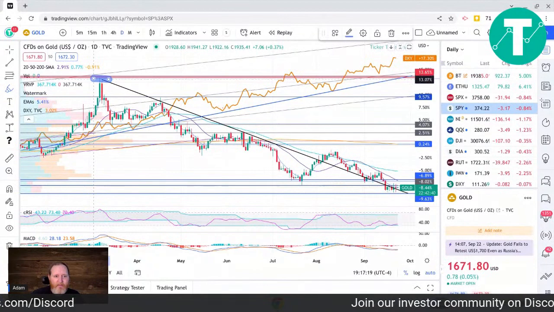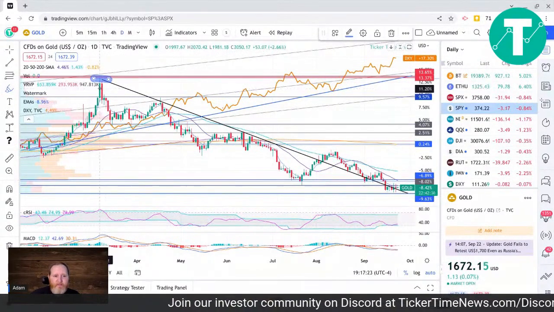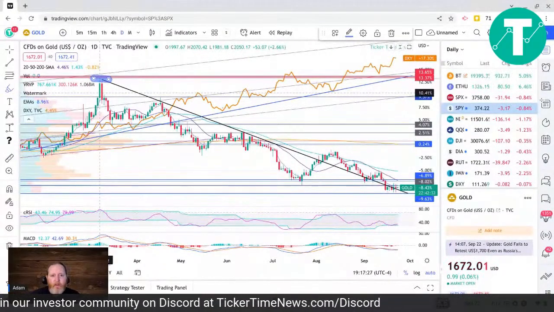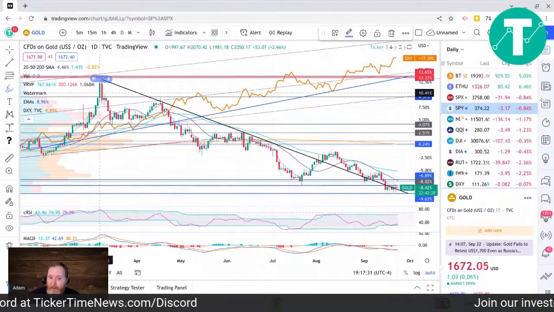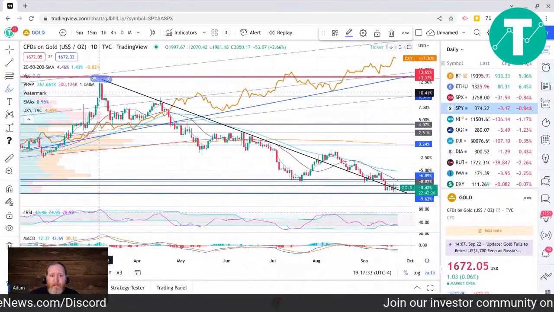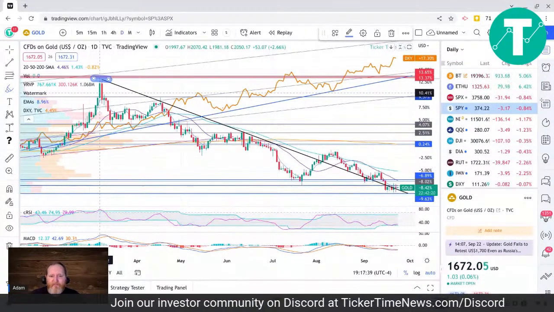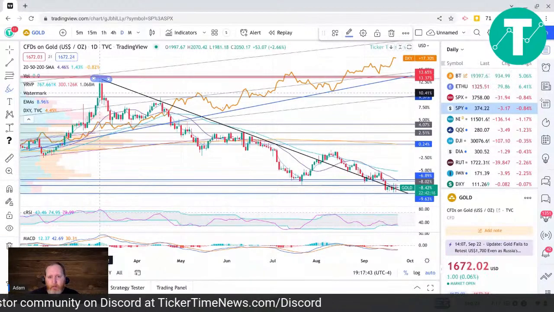And the closing high for 2022, on March 8th to be precise, was $2,070 an ounce.